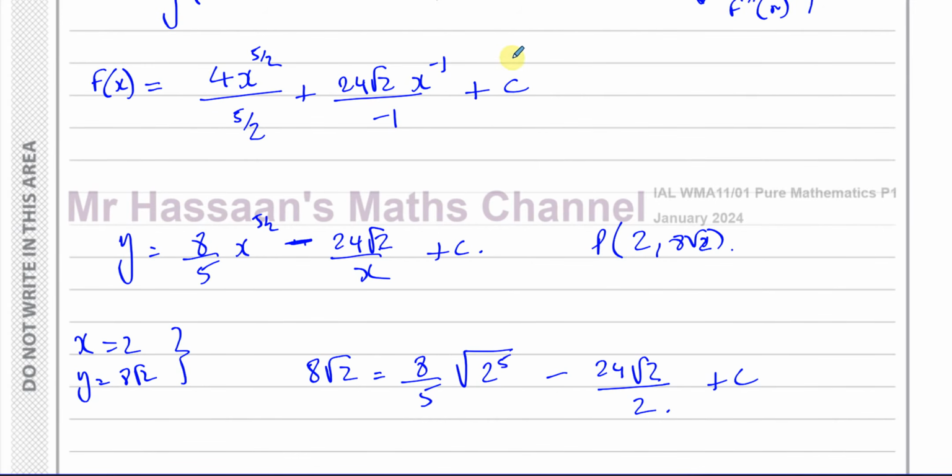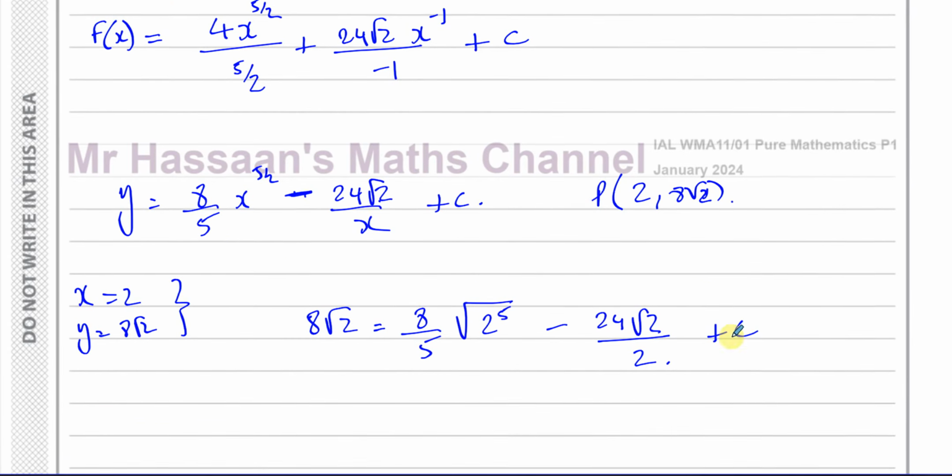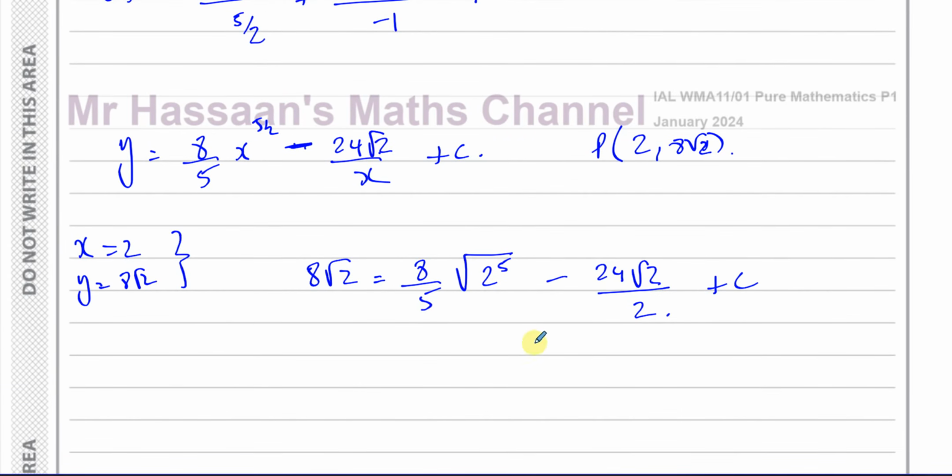We've almost got the equation. We just need to find what c is, and then we're going to be able to find the whole equation. So now let's sort this out. 8 root 2 equals 8 over 5 times root 2 to the power of 4 times root 2, that's root 2 to the power of 5, minus 12 root 2 plus c.